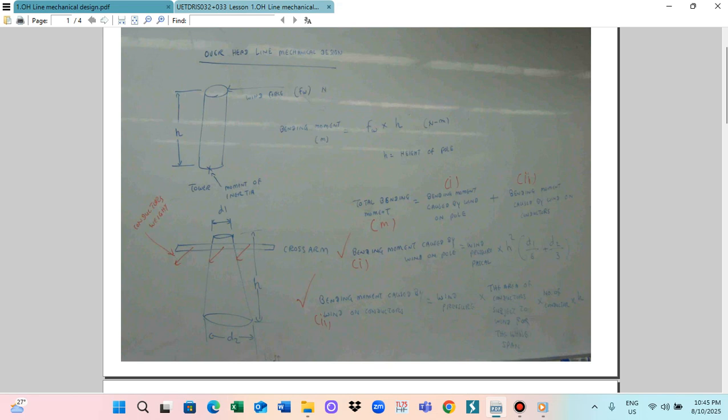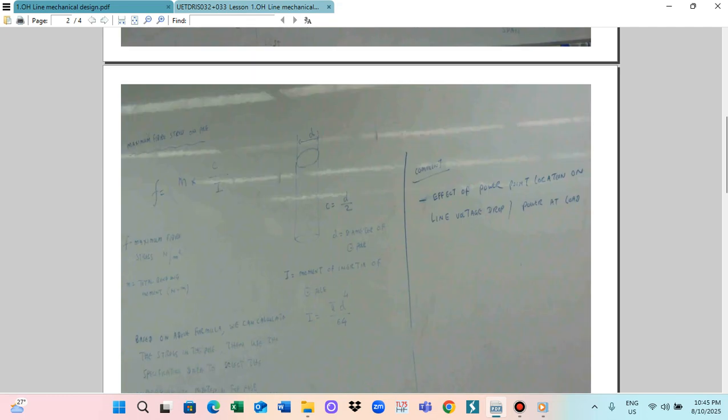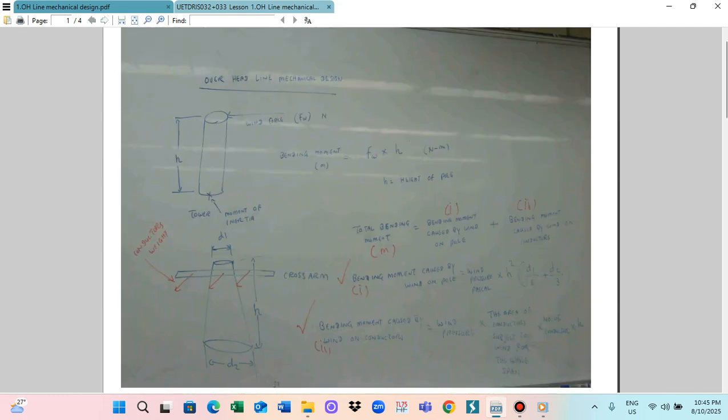And this pole normally has a cross arm. On the cross arm we attach the conductor. The top diameter is D1 and the bottom diameter is D2.